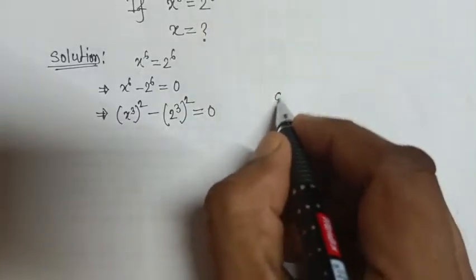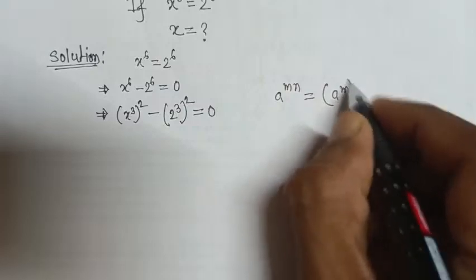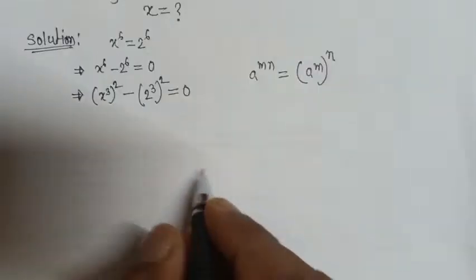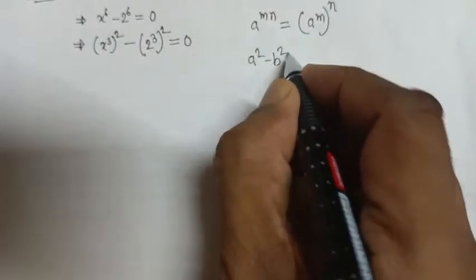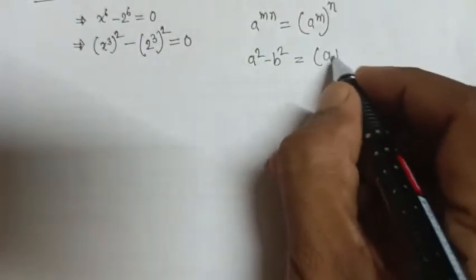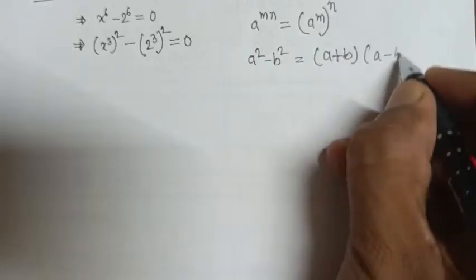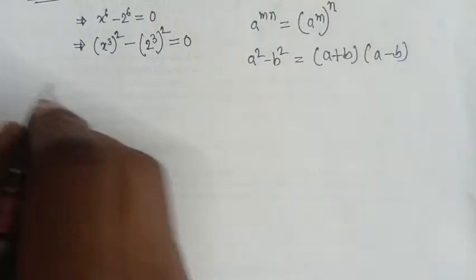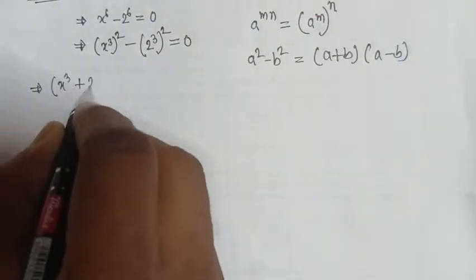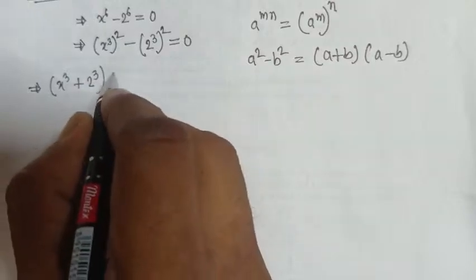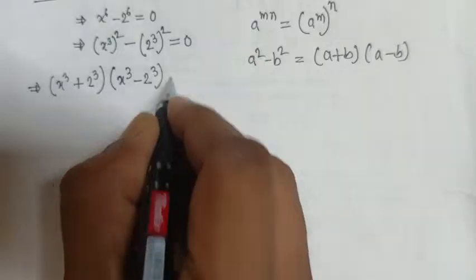As we know, a to the power mn is equal to (a to the power m) to the power n. Now we know the formula a square minus b square equals a plus b into a minus b. So we can apply the same here: (x cube plus 2 cube) into (x cube minus 2 cube) is equal to 0.